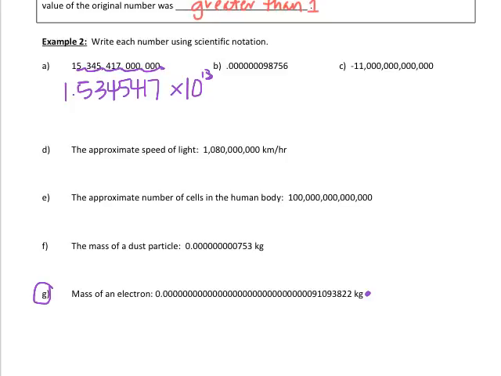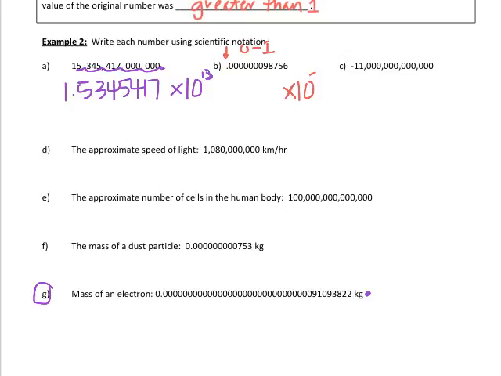All right, so B is a little bit different. Notice that the decimal is over here, which means my original number is between 0 and 1, so therefore I'm going to have a negative exponent. So let's go ahead and write that in right now. 10 to the negative, we don't know what yet, but we're going to have a number here in just a second.